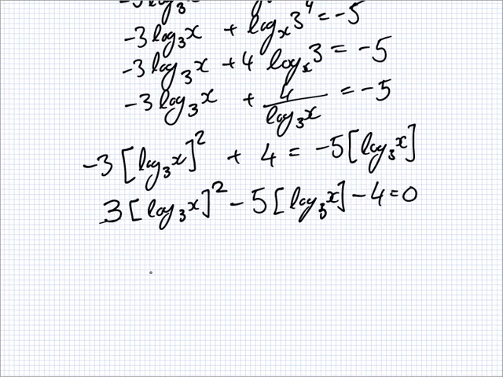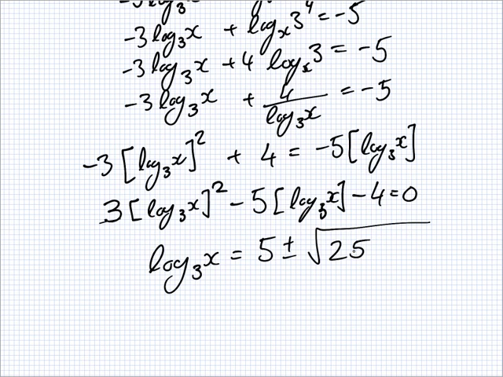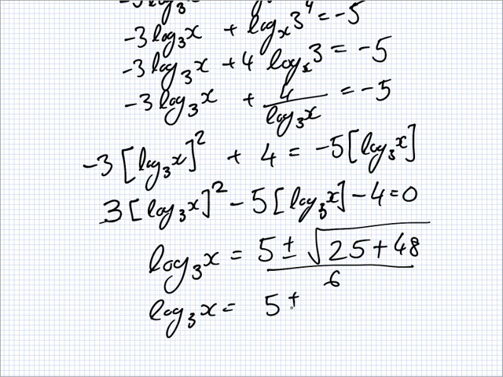So we have log 3x equals minus b plus or minus square root b squared minus 4ac. So that's 16, 30, 48, is it? Yeah? Over 6. So that means log 3x equals 5 plus or minus, what's that, root 73 over 6. Okay.